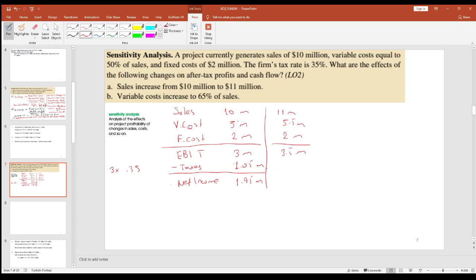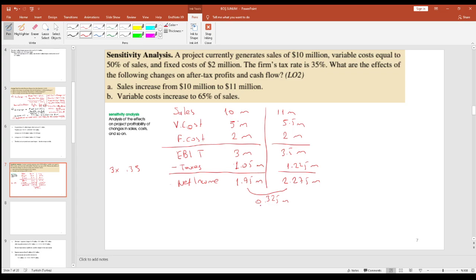Taxes at 35% is equal to 1.225 million, and net income will be 2.275 million. So here the difference between these two will be equal to 0.325 million.